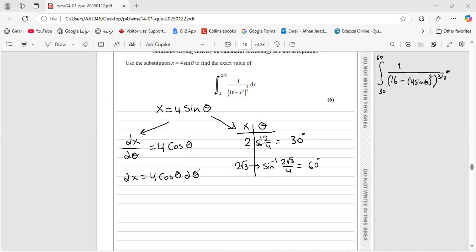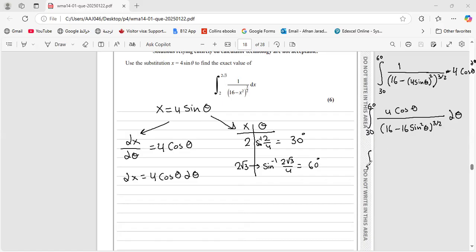Dx must be d theta. So to substitute this one, multiply by 4 cosine theta d theta. So this equation will be the integration from 30 to 60 of 4 cosine theta over 16 minus 16 sine squared theta to the power of 3 over 2 d theta also.